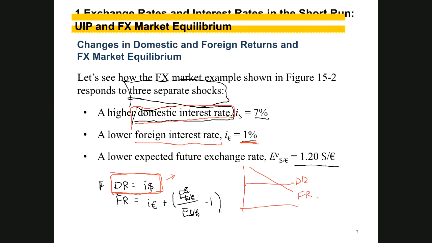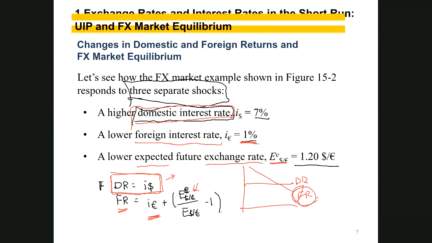Yes, FR should move, because that's one of the variables in this equation. The same thing goes for the expected future exchange rate. If this one moves, it is the FR that moves. The FR will shift upward or downward.